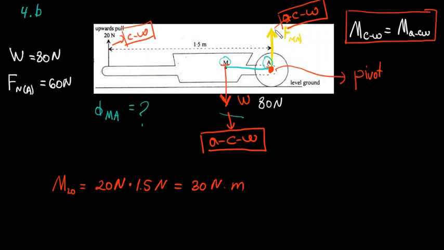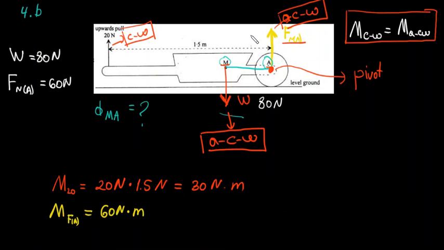Because this yellow force, which is the upward normal force from the point A, is just right above the pivot, I'm just going to write its moment. The moment of this normal force from the point A is equal to 60 Newton meter.